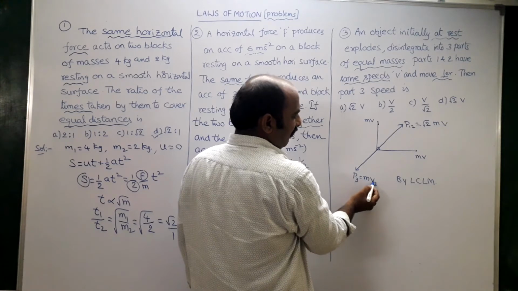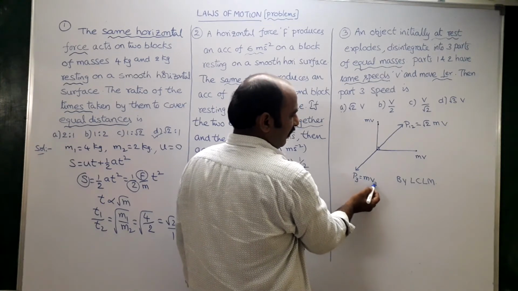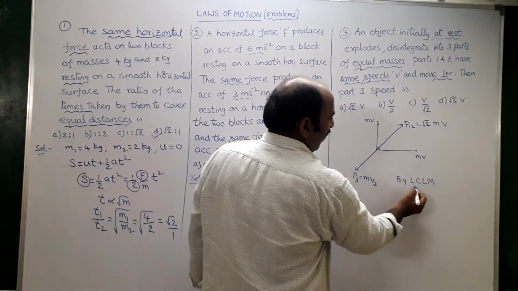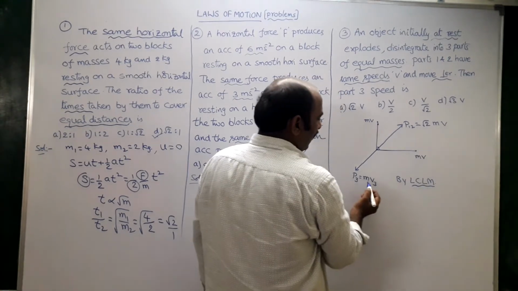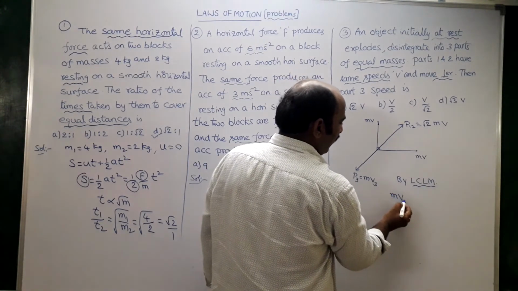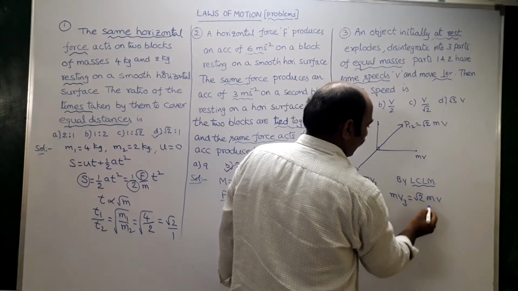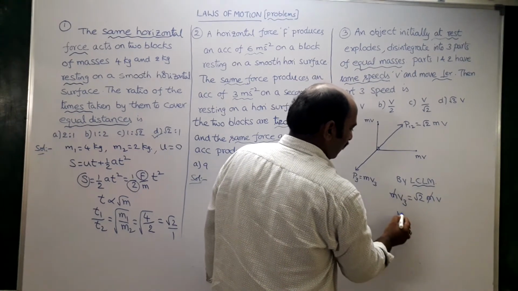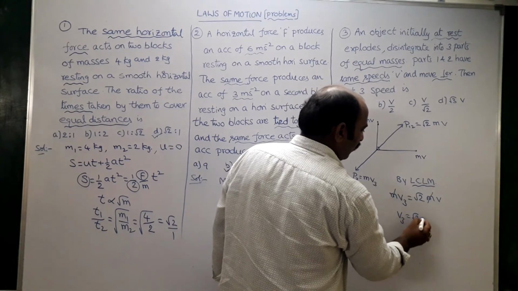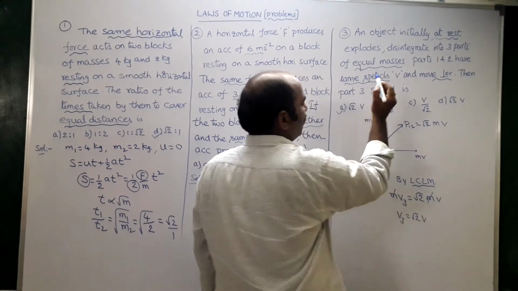Now by law of conservation of linear momentum, equating m into v3 is equal to root 2 into mv. So both sides m will get cancelled. v3 is equal to root 2 into v. So option A is correct.